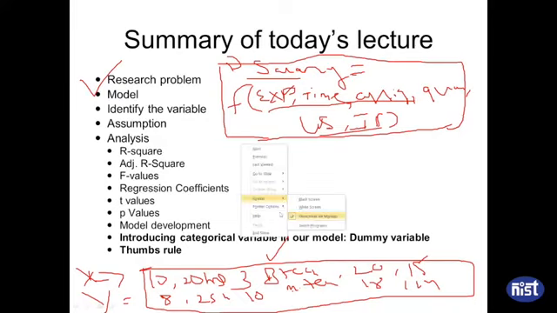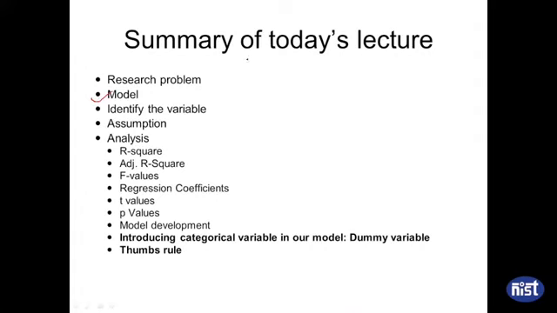Is it clear? The second one is your model. Here I have taken y, the dependent variable, equal to beta 0.